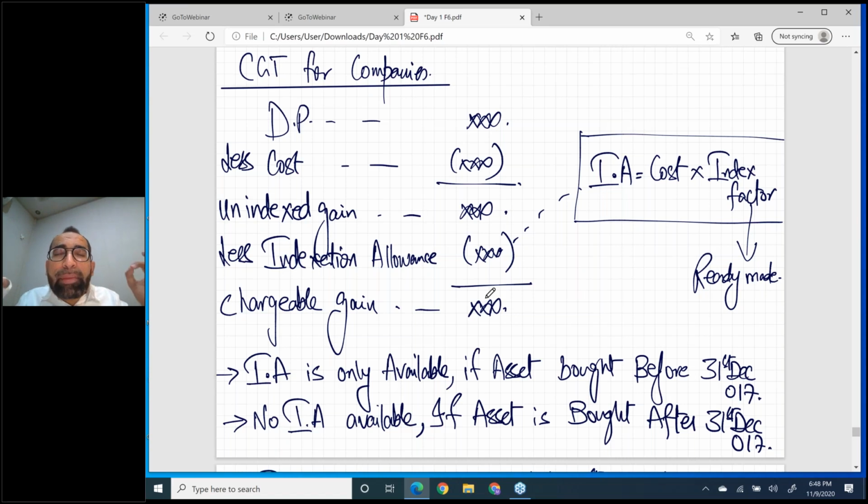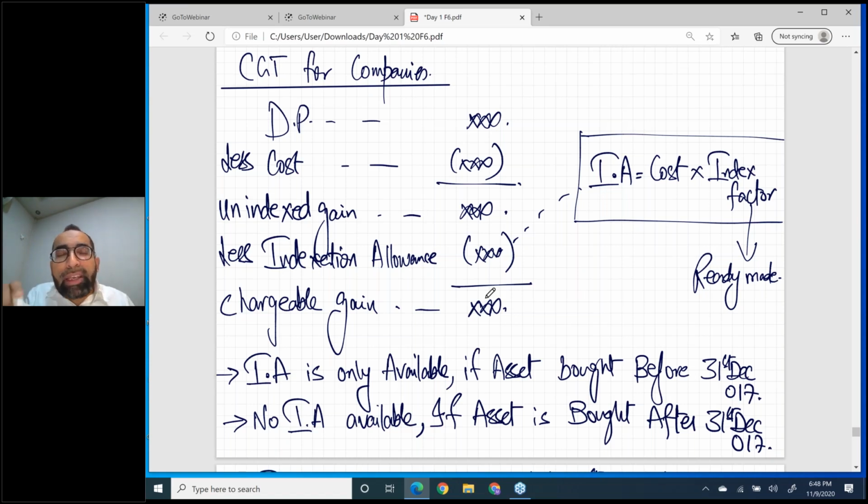What do you mean by unindexed gain? Unindexed gain means gain before indexation allowance. Indexation allowance removes the inflationary element of the gain.